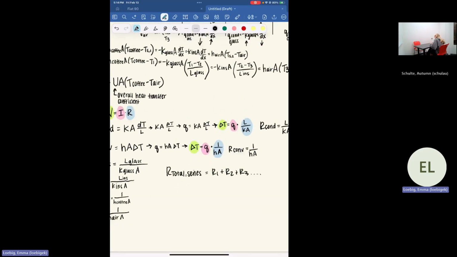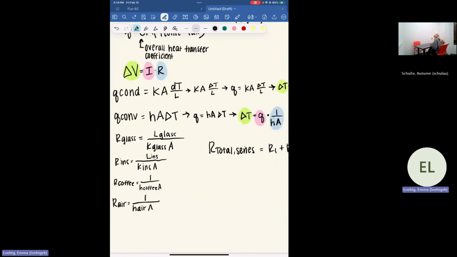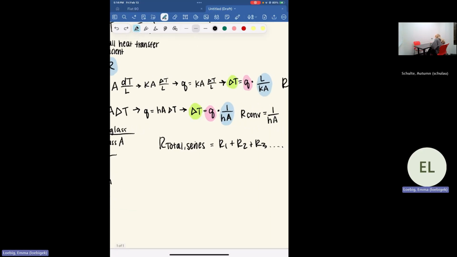So we can say that our total for our process is just going to simply be adding all of these terms that we just found. So let's write that out.